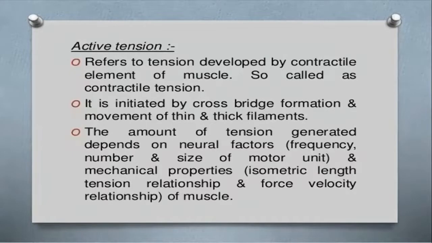Active tension is mainly due to the interaction between the contractile components of the muscle, that is, the actin and myosin filaments, the thick and the thin filaments present in the muscle, through cross bridge formation.